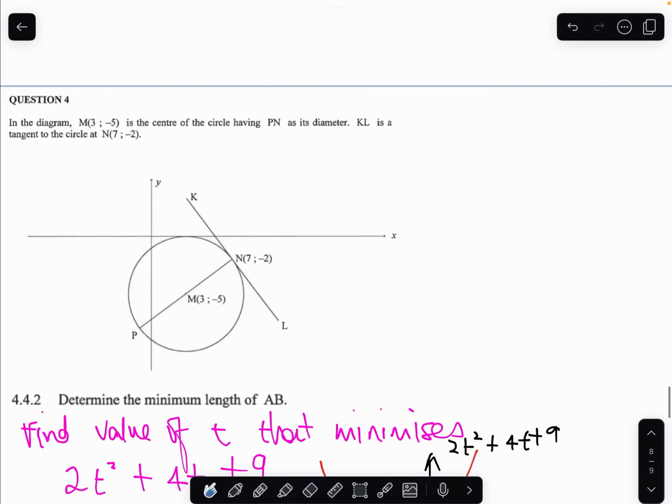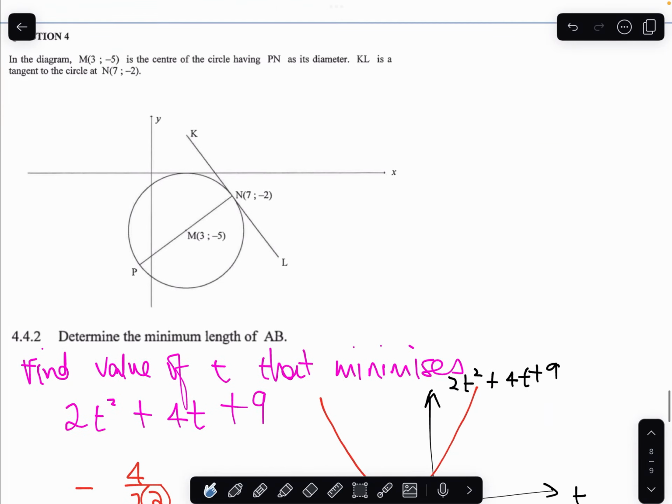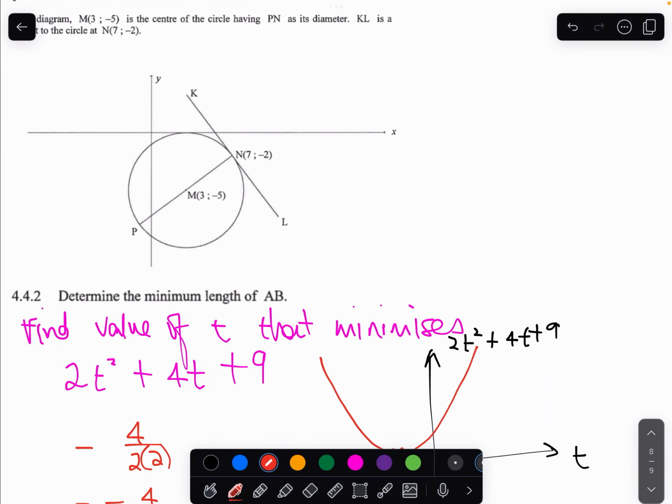So just going back to our diagram, we are saying that the shortest distance between A and B occurs when A is negative 1. I don't know where to put it. Okay, I'm just going to try to find my bearings here. Let me see when x is equal to negative 1, what are the y-coordinates on the circle?